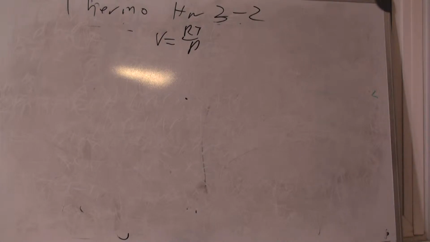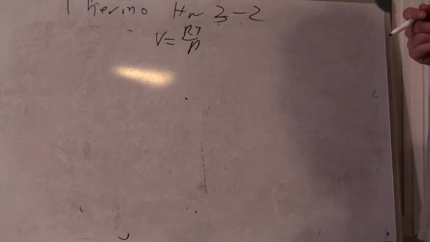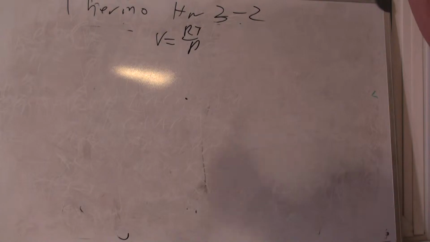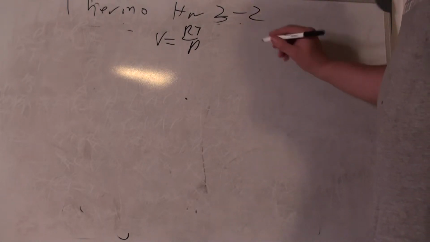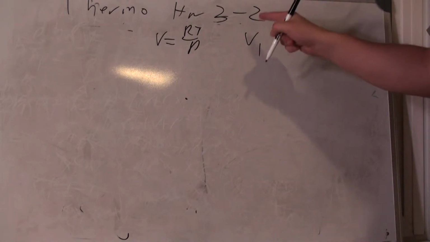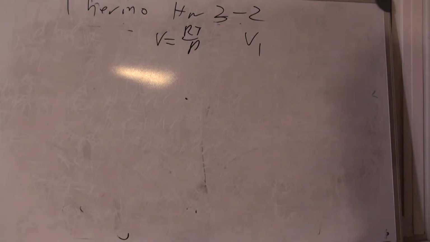But I would approach this the same way I would approach everything. And so, how do I get V1? Well, V1, by definition, if I read that, says the volume of component 1 as a pure system.